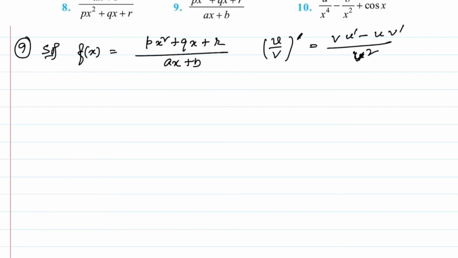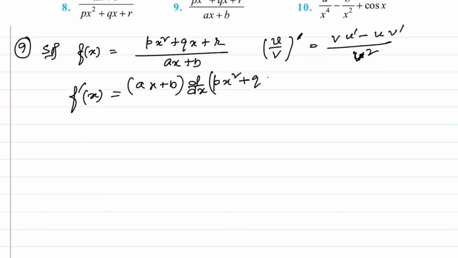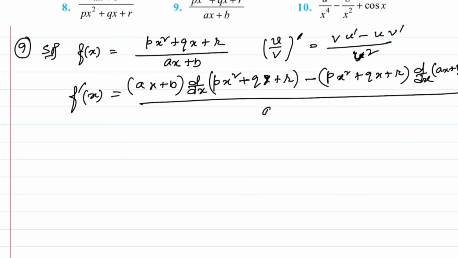So considering the numerator as u, denominator as v, then f dash x will be ax plus b, derivative of the numerator px square plus qx plus r, minus the numerator px square plus qx plus r, derivative of the denominator, divided by the denominator square, ax plus b whole square.